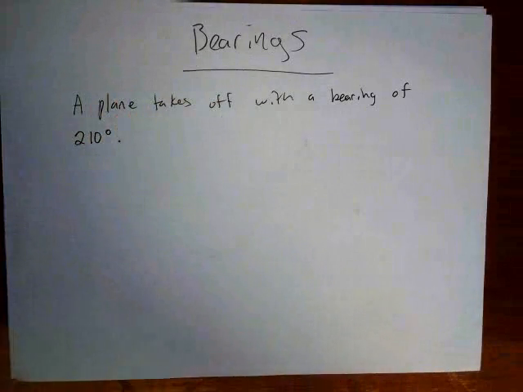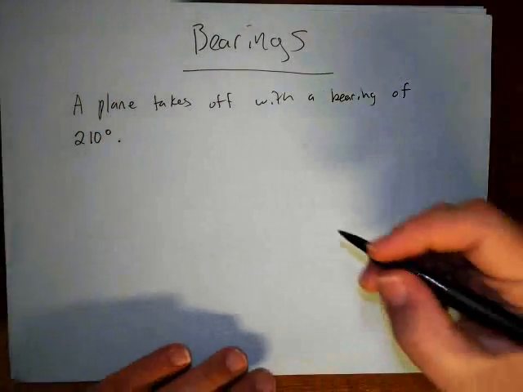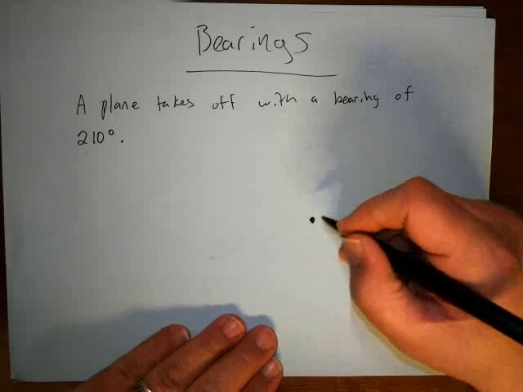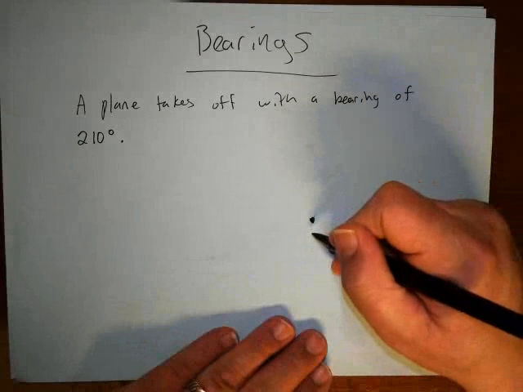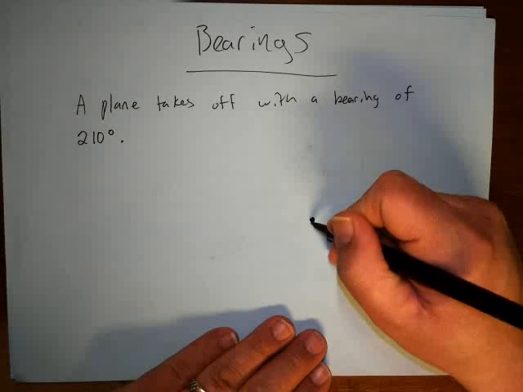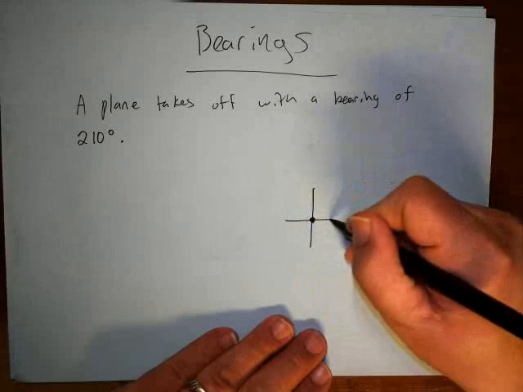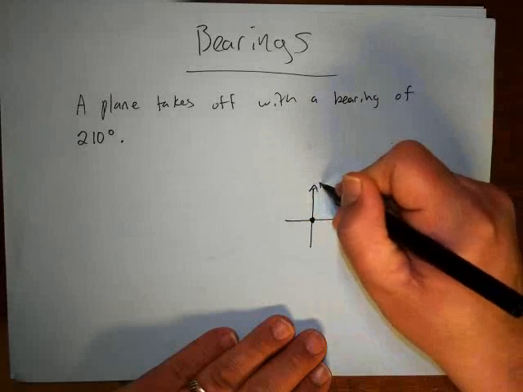So what does this mean? Okay, so let's say that the plane is right here. This is kind of the starting place. What I'm going to do is draw like a little compass here at that point, and then we're going to label north.